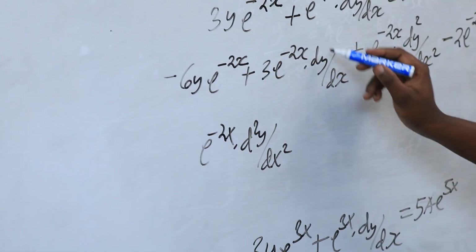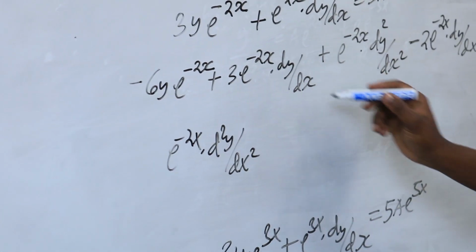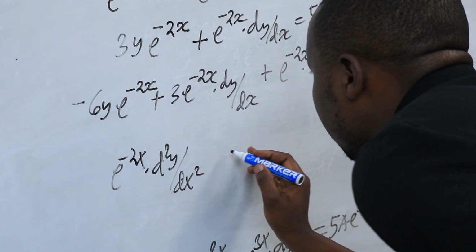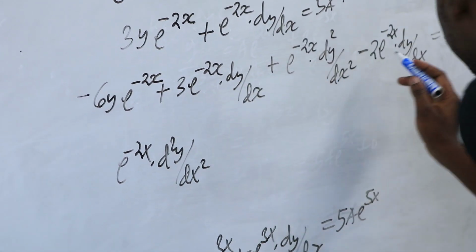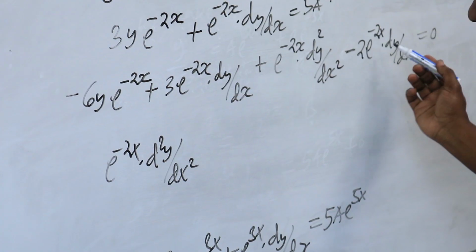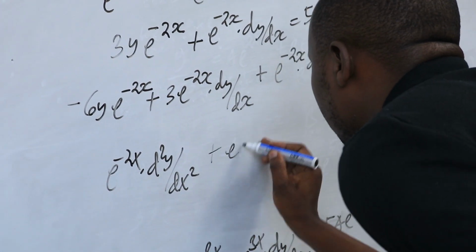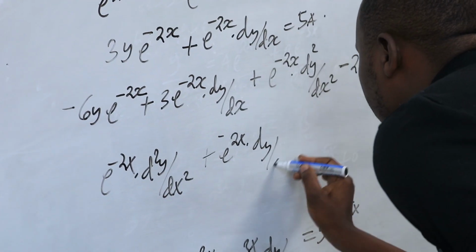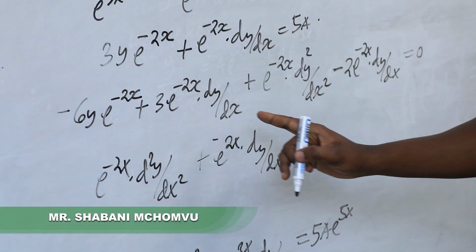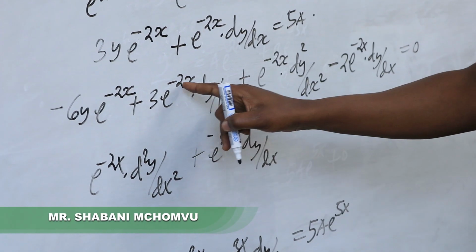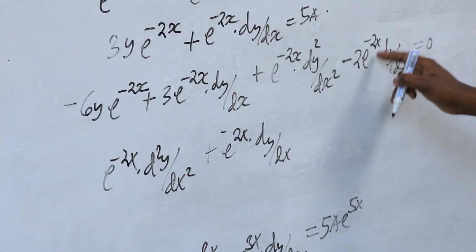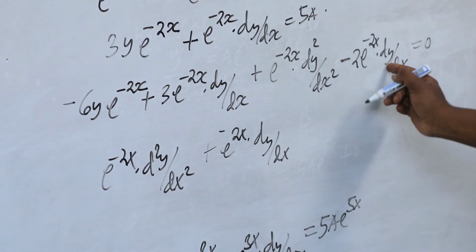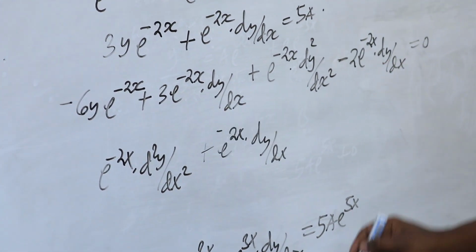But dy/dx is found here and here, so we can collect these terms. So 3e raised to negative 2x minus 2e raised to negative 2x, it means we operate their coefficients and get e raised to negative 2x, then dy/dx.